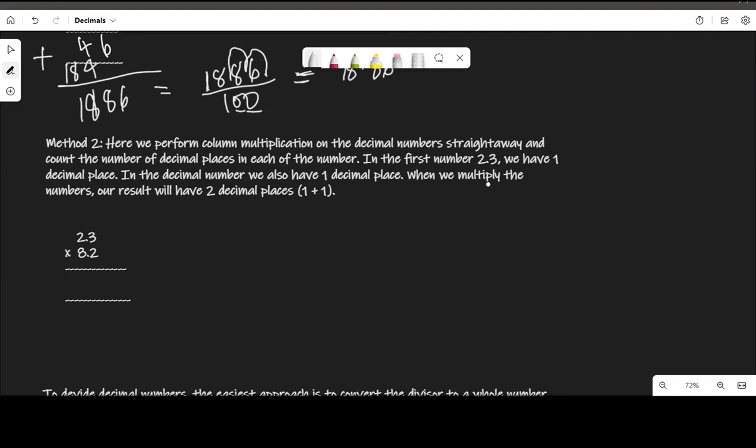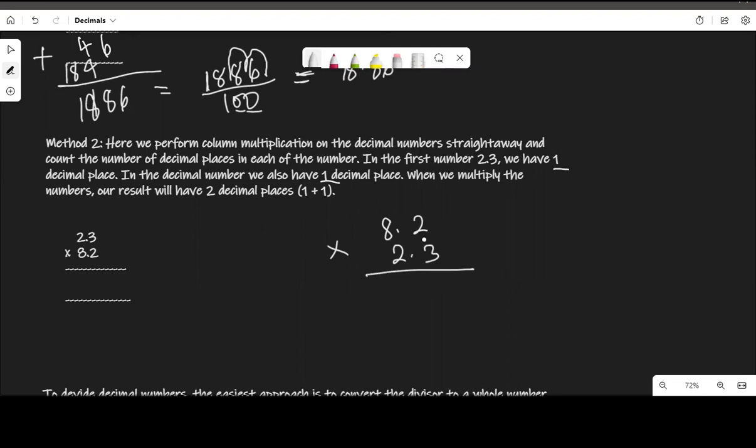In the first number, 2.3, we have one decimal place. In the second number, 8.2, we also have one decimal place. When we perform column multiplication on this, I have 2.3 first. Anyway, it doesn't matter. Multiplication is commutative. So 8.2 multiplied by 2.3.